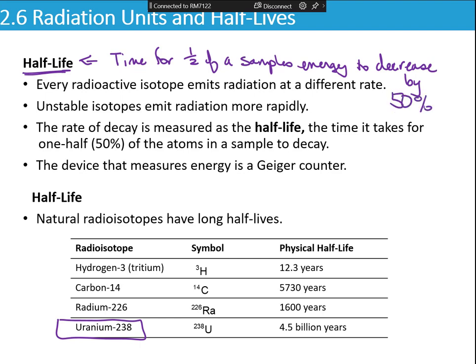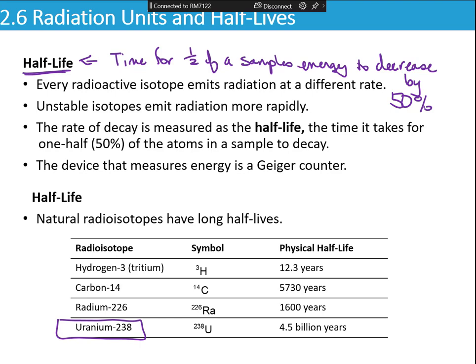To decrease by half. So if you start off with 100, how long does it take for you to have 50? So if it's releasing 100 milligrams of energy, it'll take this amount of time for you to have half as much. And then if that time goes by, then it'll be half again. So you'd have 25%. So you go 50 to 25, then 12 and a half. So it would just keep decreasing by 50% every half-life.